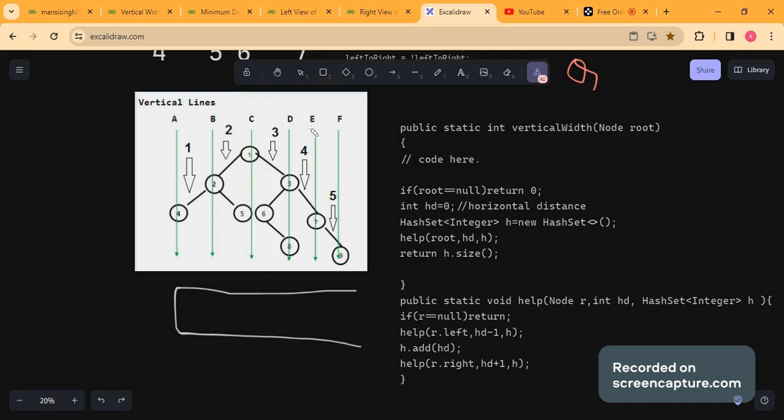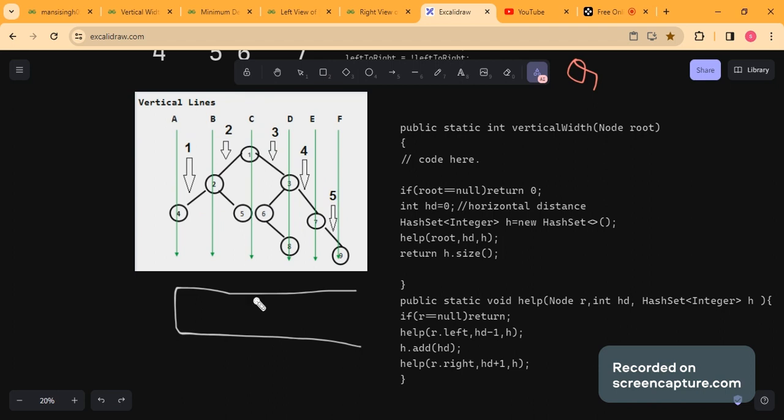That's why in the dry run it is given that there are six lines possible: one, two, three, on which these three nodes are, four, five, and six. So this is the approach to find the horizontal distance, or the vertical lines, or the vertical width.